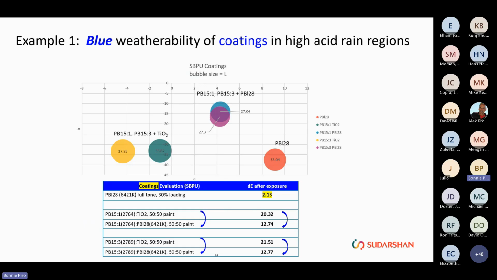A couple of examples on the liquid coating side, where we introduced the blue 28, the cobalt blue, as an option to improve or remove that particular impact. When we remove the TiO2 and replace it with the cobalt blue, we can see nearly a 50% improvement in that exposure response, with both the alpha and the beta areas.